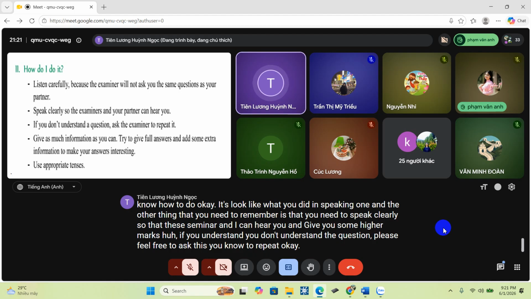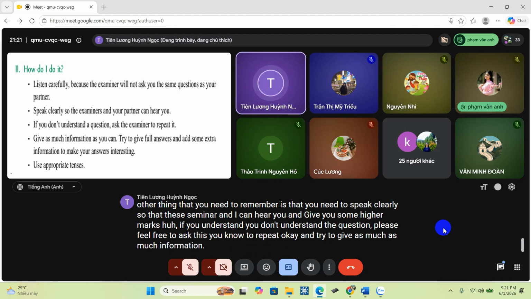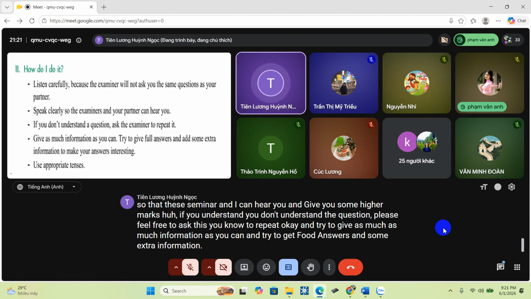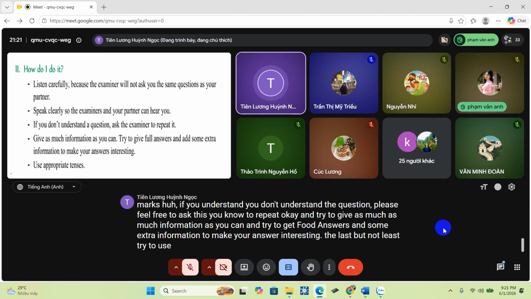Try to give as much information as you can, with full answers and some extra information to make your answer interesting. Last but not least, try to use appropriate tenses.